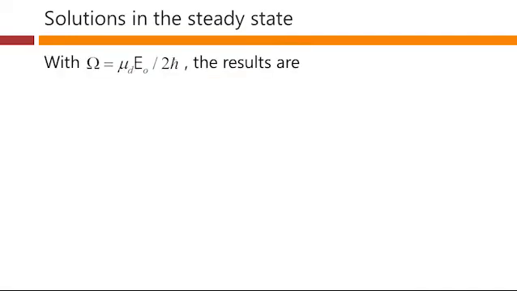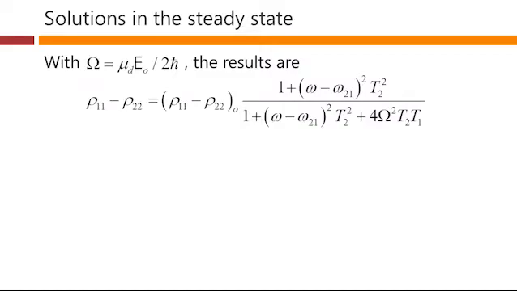Now, we typically like to use this capital omega as a variable. It's essentially almost a dimensionless version of the product of the magnitude of the electric field and the electric dipole moment. It's technically got dimensions of angular frequency. And then with that simplification, we can write down this resulting solution.